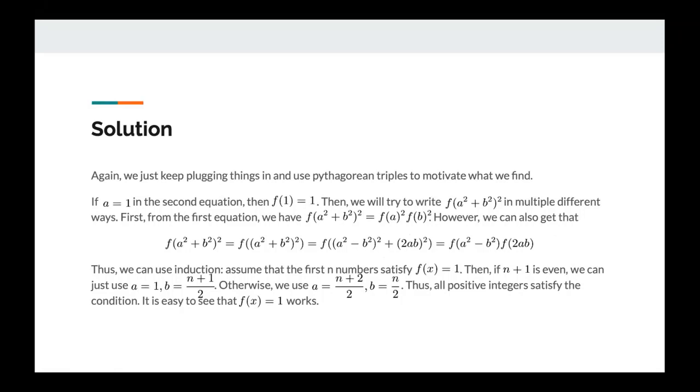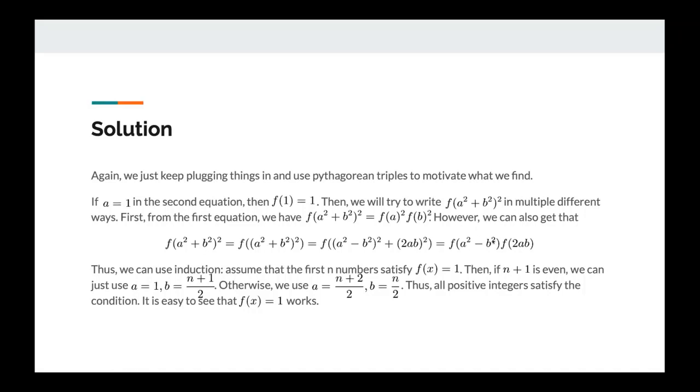Then the next case is if all the numbers from 1 to n are even or are 1, then we split it into two cases. So if n plus 1 is even, then we can plug in a equals n plus 1 over 2 and b equals 1.